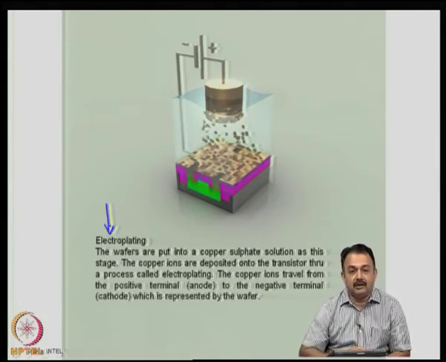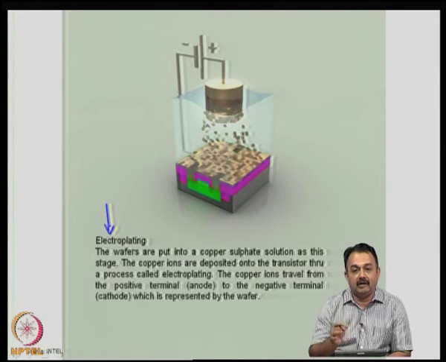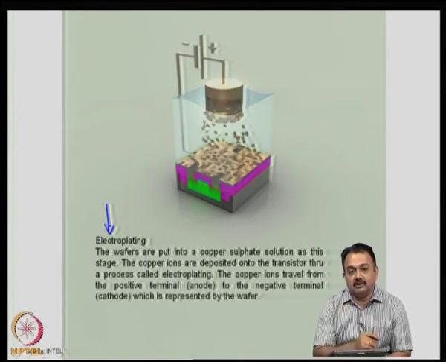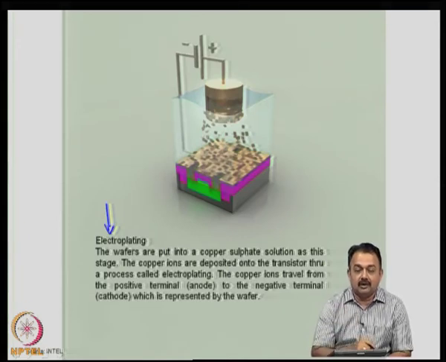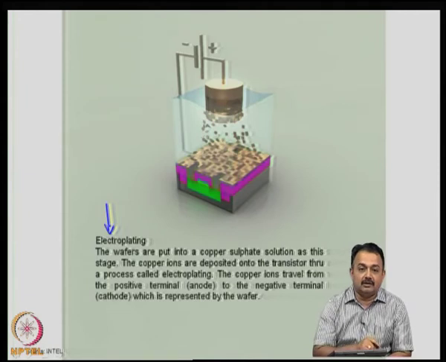So, electroplating, as all of you know, basic electrochemistry, you have an anode and a cathode, and then you have an electrolyte, and then you apply external DC, and then due to the transport of ions through the electrolyte at the cathode, the metal will be deposited. So, the metal from the pure anode will dissolve into the electrolyte and then they will be deposited onto the cathode.